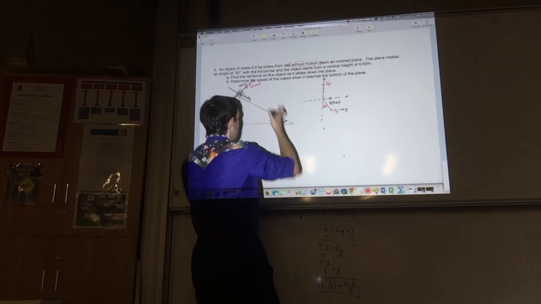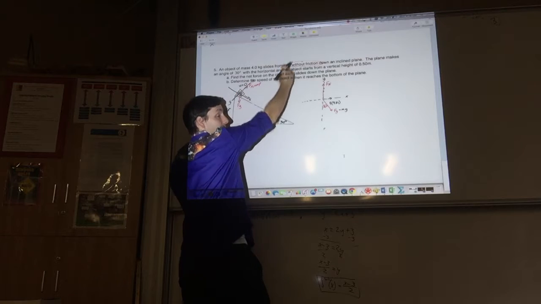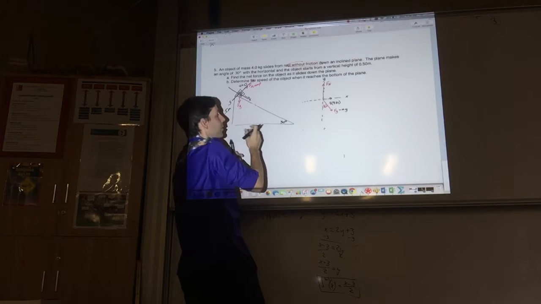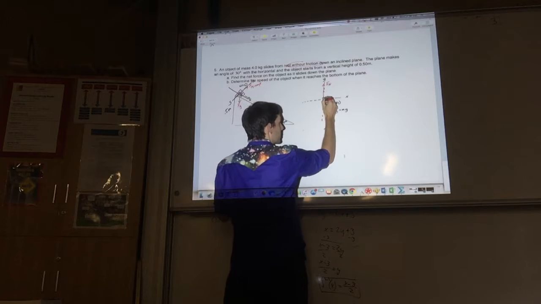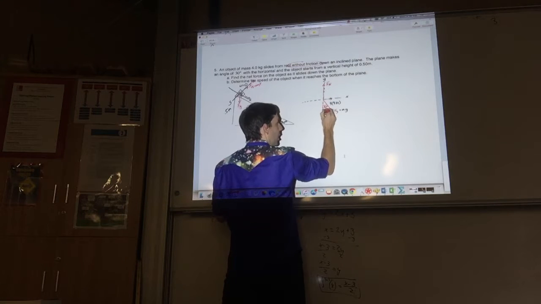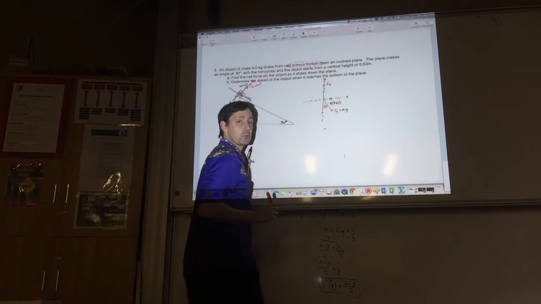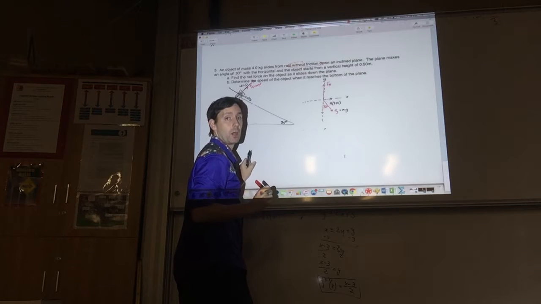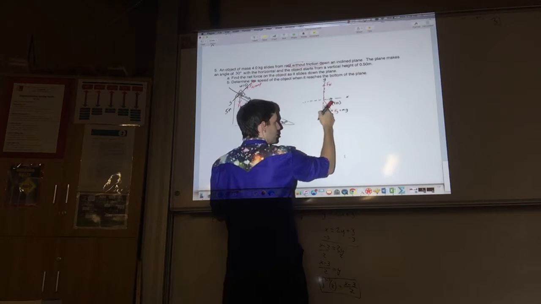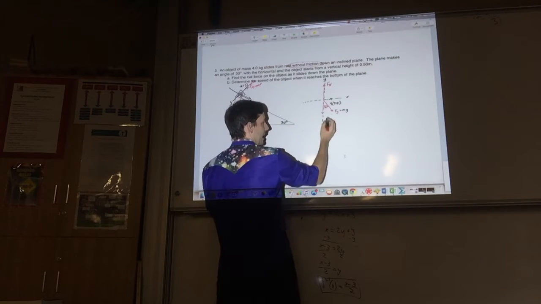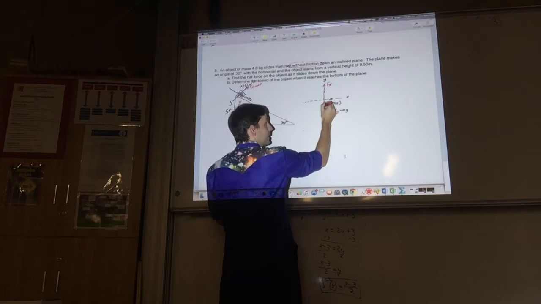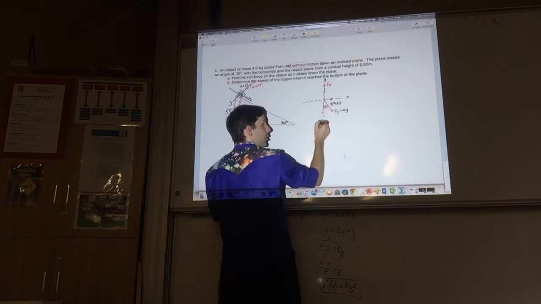The vertical, up and down, it's not leaving the ramp and it's not sinking into the ramp. Therefore, the vertical forces have to balance. And so if those vertical forces balance, that means that the vertical part of gravity must be equal to the normal force. All right? So I can find those forces. As necessary, this is now the adjacent side to the 30.